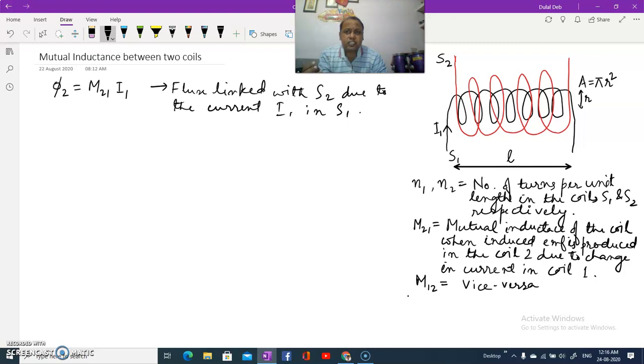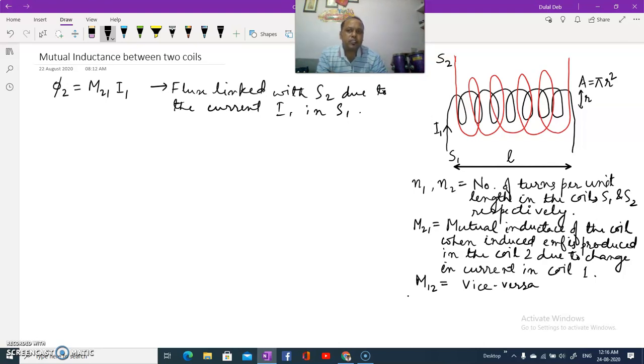We have actually discussed this formula. Flux is given by mutual inductance into I. The value M21 is written with 2 and 1 because it is the mutual inductance between the two coils when induced EMF is produced in coil 2 due to change in current in coil 1.